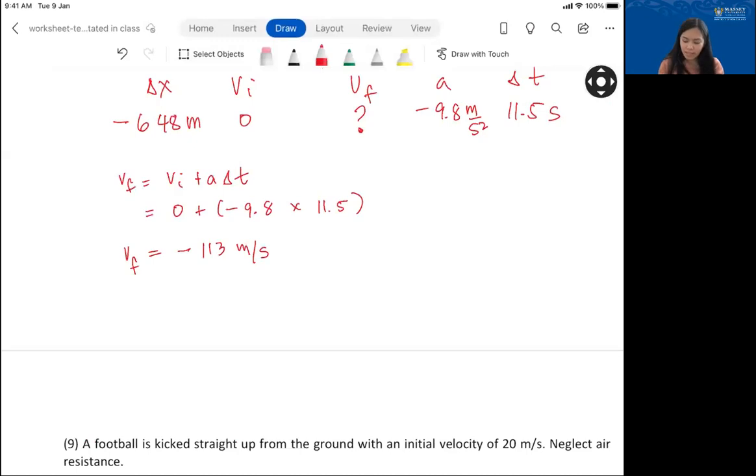Okay. The negative sign again gives you the direction. And the convention we use is negative is downwards. Okay. Cool.